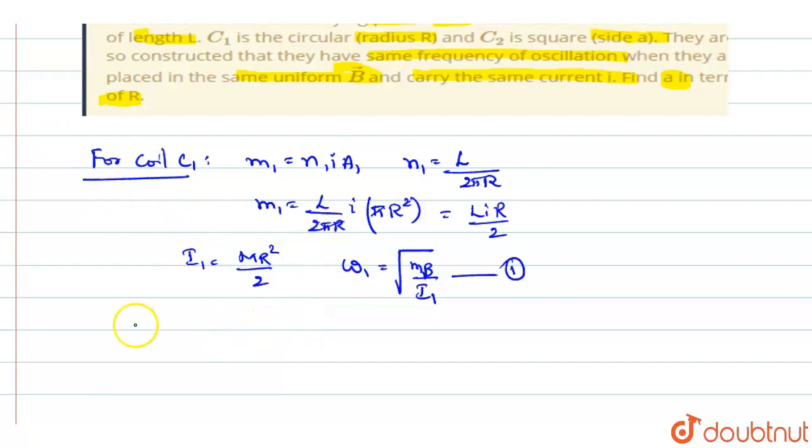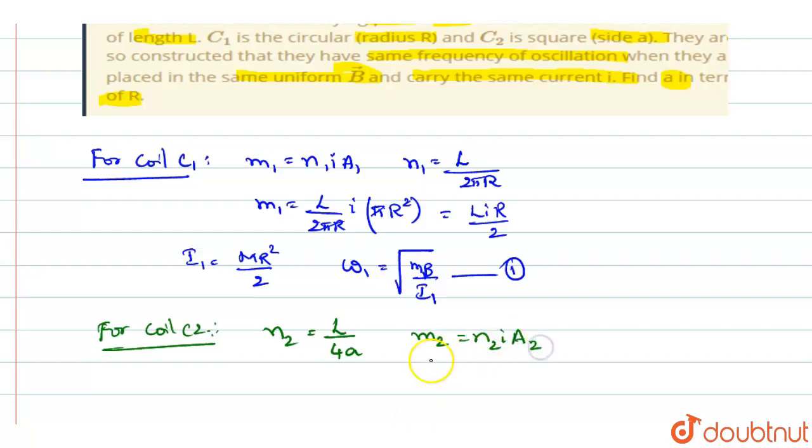So now similarly, we will do it for coil C2. Now C2 is a square coil. That is the only difference you have. So the number of turns can be written as L by 4A, where A is the side. And now here M2 will be equal to N2 I into A2.